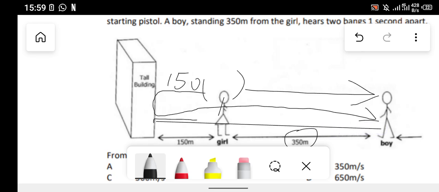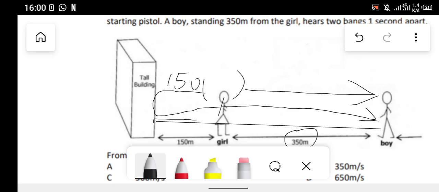That's the total distance moved by the reflected sound. The first part, before it was reflected, moved 150 meters. After it was reflected, it moved 500 meters. So simply add 500 plus 150 and we get 650.